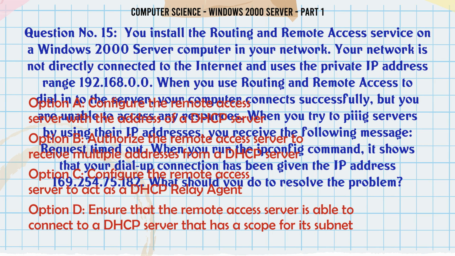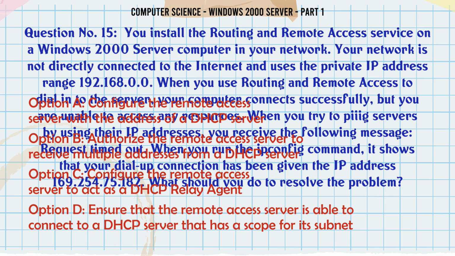When you try to ping servers by using their IP addresses, you receive the following message: request timed out. When you run the ipconfig command, it shows that your dial-up connection has been given the IP address 169.254.75.182. What should you do to resolve the problem?